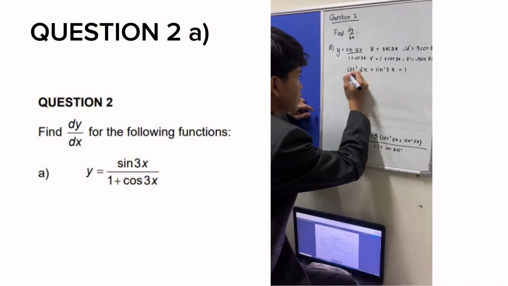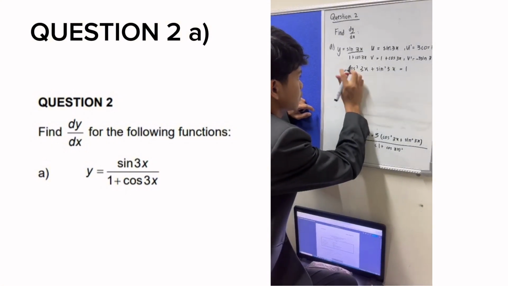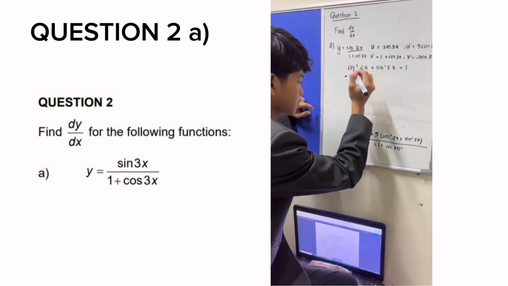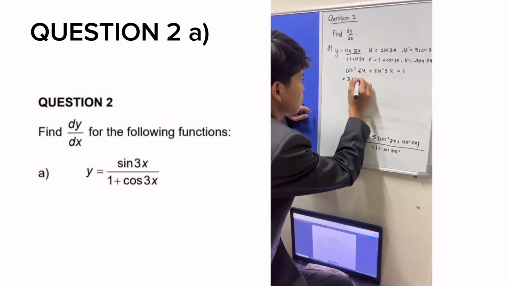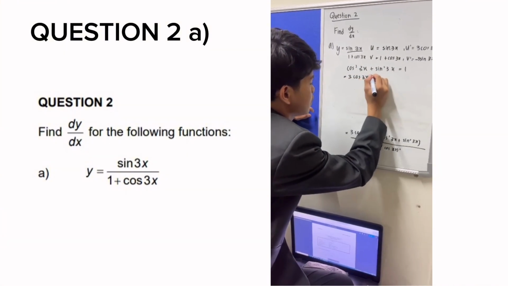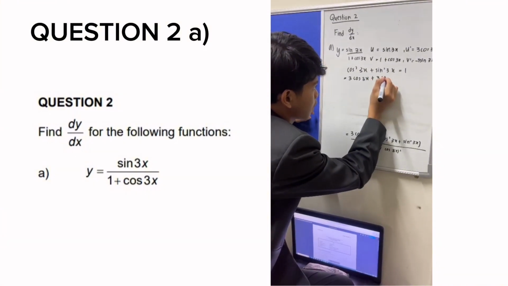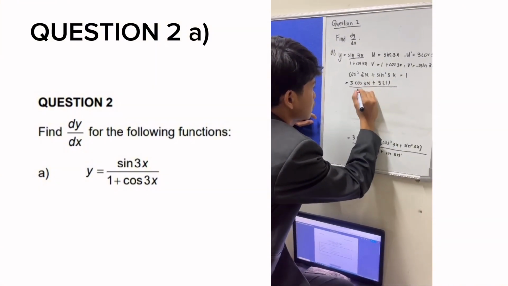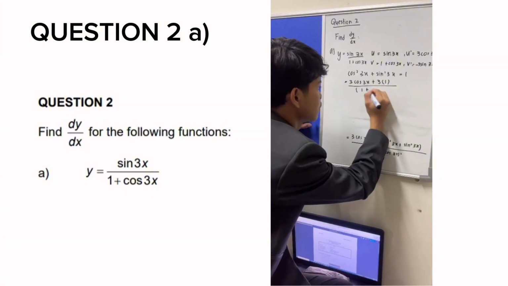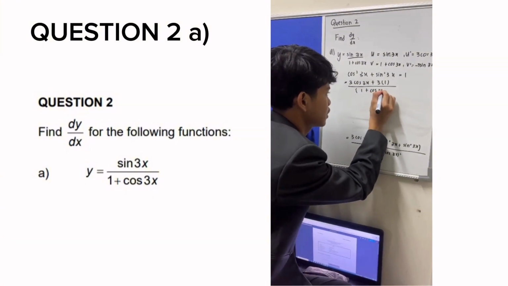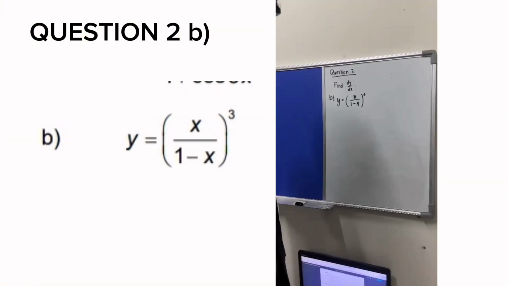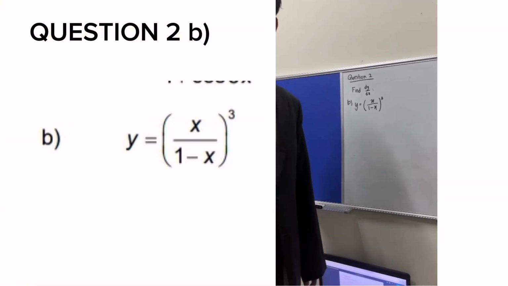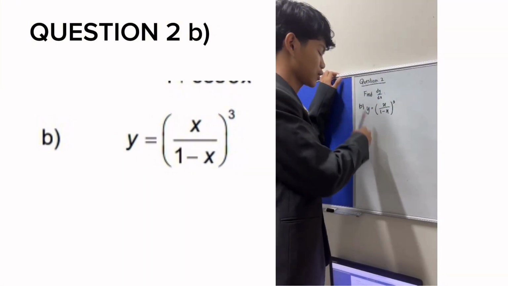So it will become 3 cos 3x plus 3 times 1 over 1 plus cos 3x squared. And now I'm going to show you how to solve this question.